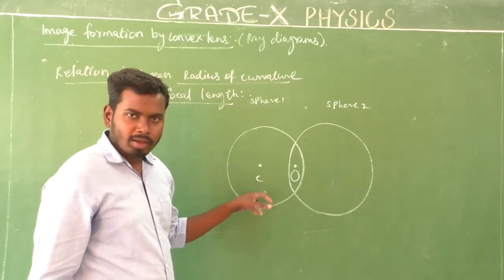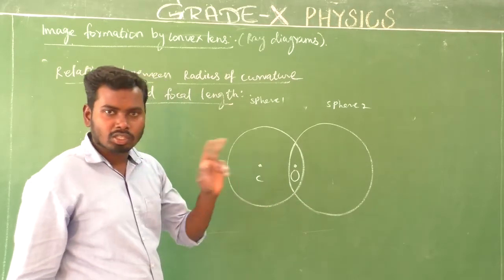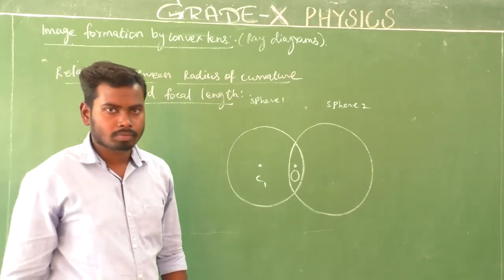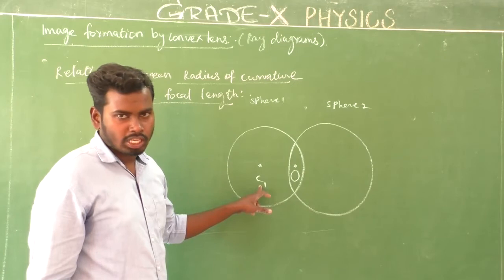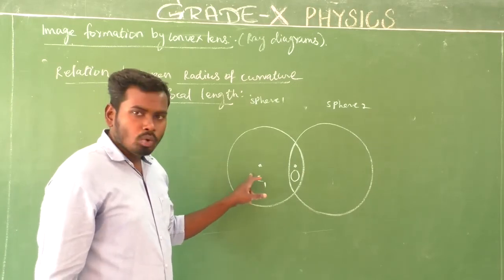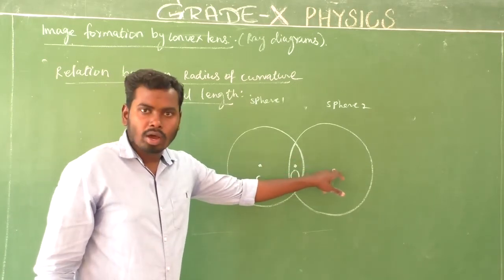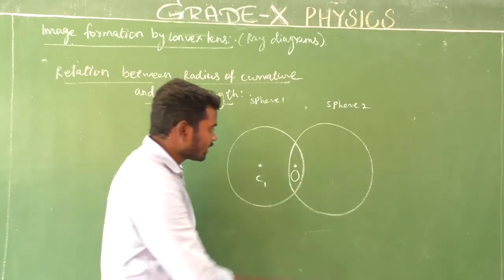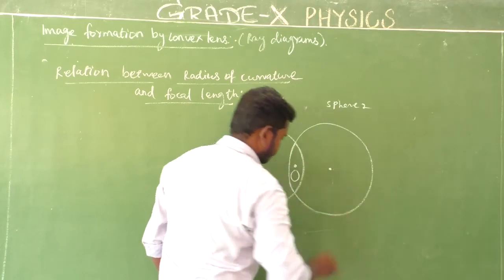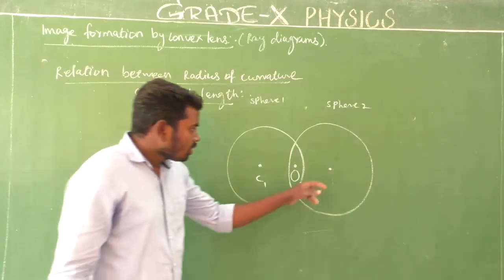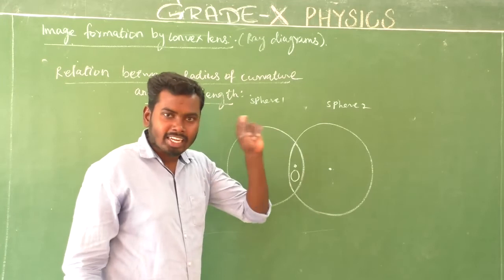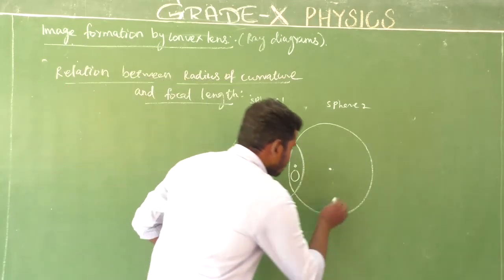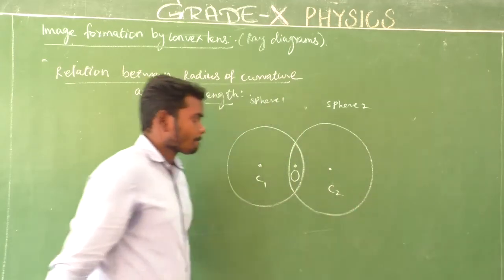The first sphere's center point is considered as center of curvature 1, that is C1. Likewise, the second sphere also has a center point, considered as center of curvature 2, C2.